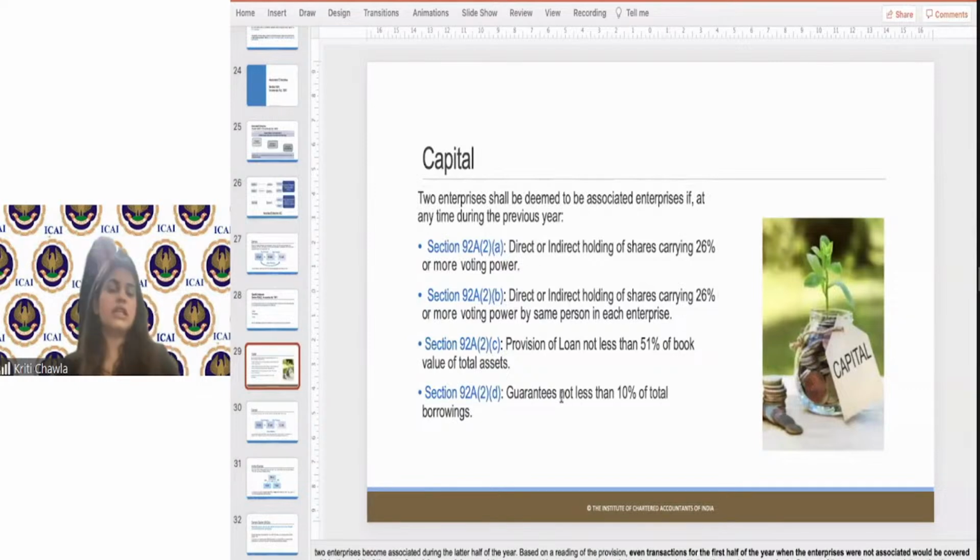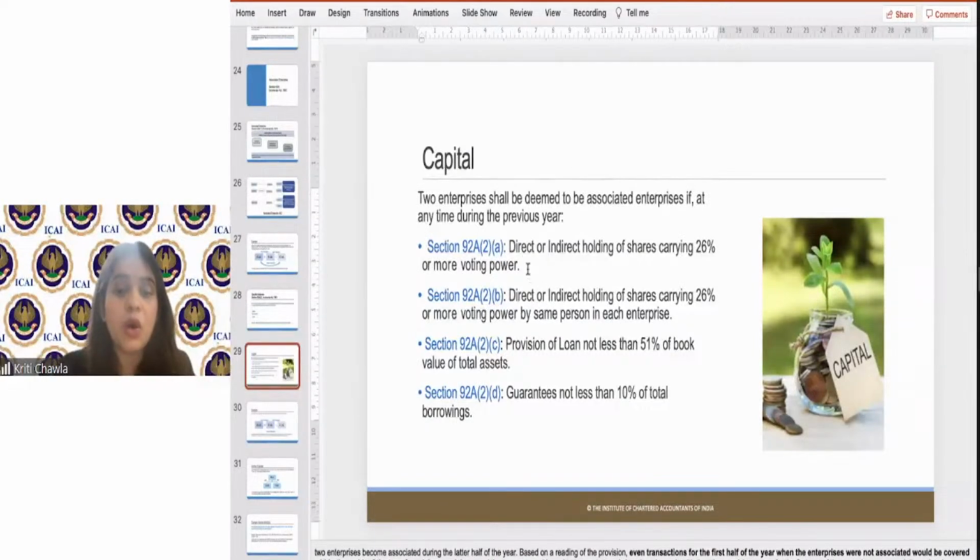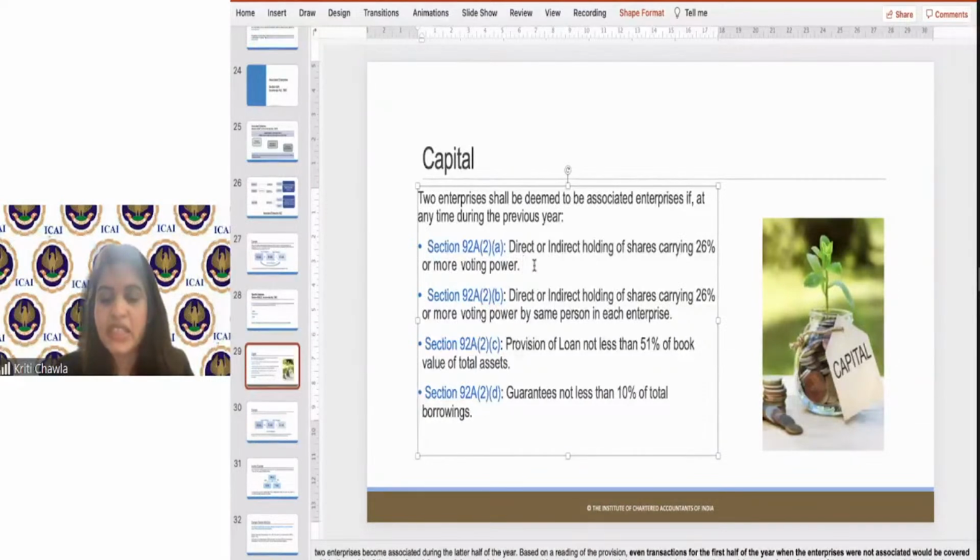Do you think preference share capital will count? Okay, I'll wait for that answer. I don't want to answer it. It says 26% or more voting power. So if one enterprise holds 27% preference share capital in the other enterprise, do you think they will be related to each other?